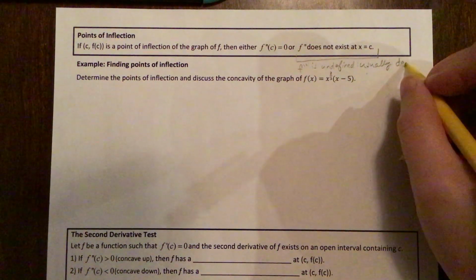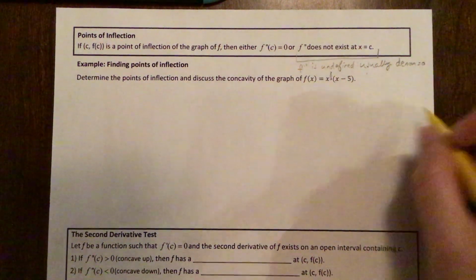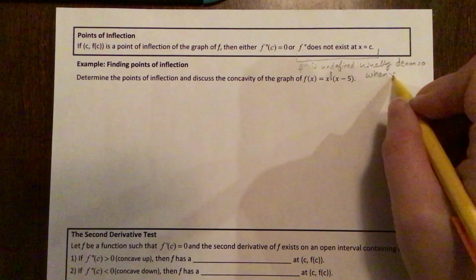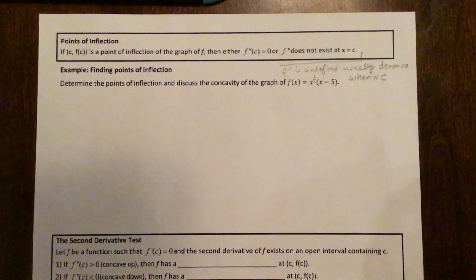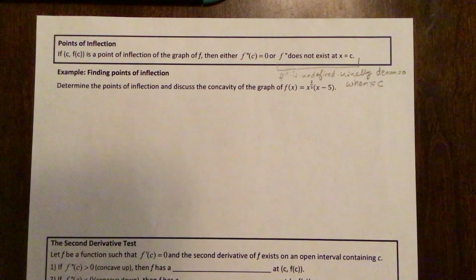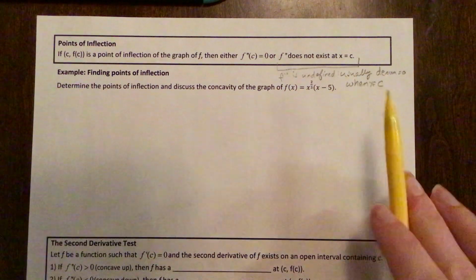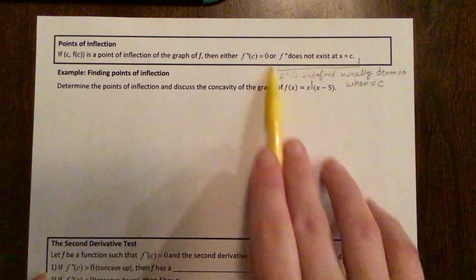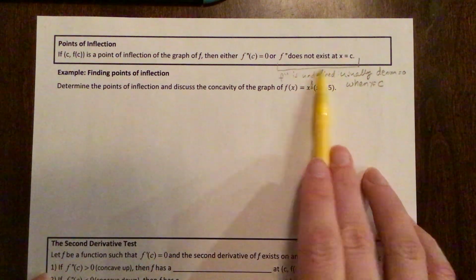I'm going to say denominator equals 0 when x equals c. Usually the denominator of a fraction would equal 0 when x equals c. Okay, you'd have a hole in your graph when that happens, or a vertical asymptote when that happens. So f double prime does not exist there.